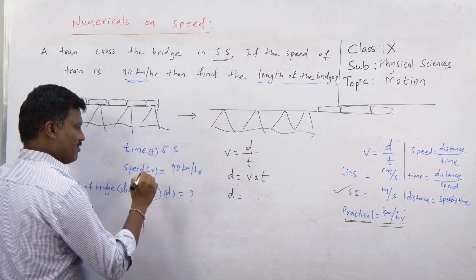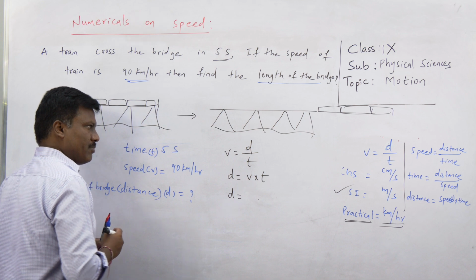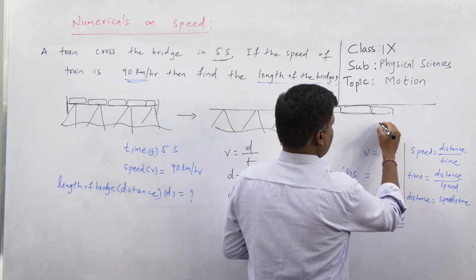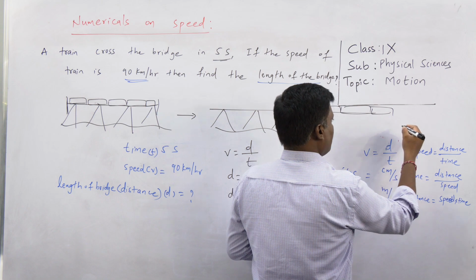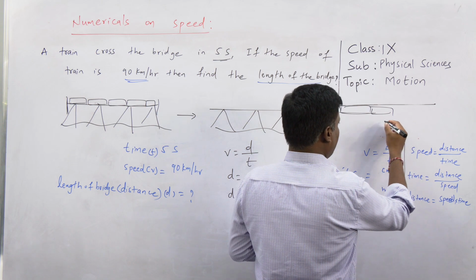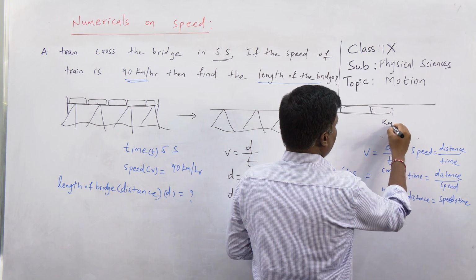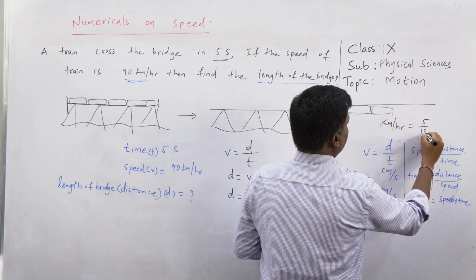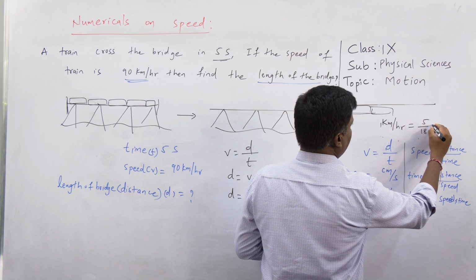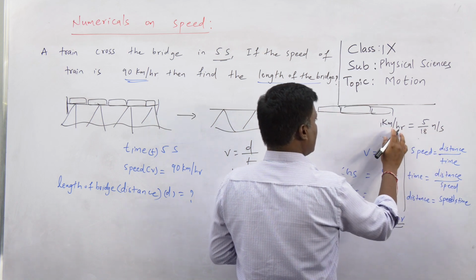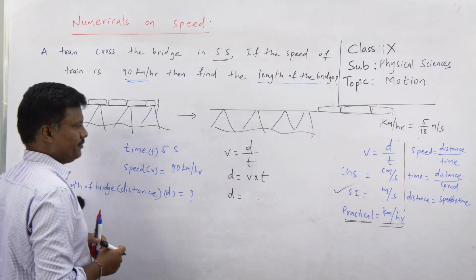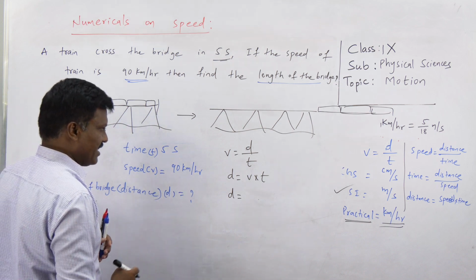To convert kilometer per hour into meter per second, as we have just discussed, we have to multiply the given number by 5 by 18, because 1 kilometer per hour is equal to 5 by 18 meters per second. That you have to remember. Here 90 kilometer per hour is given.